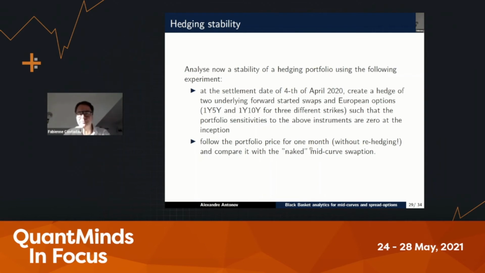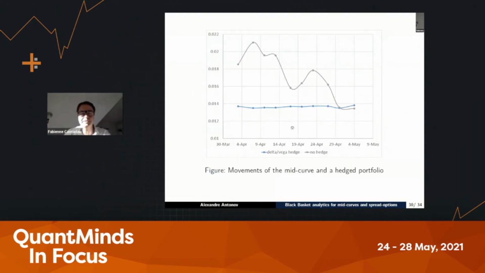We follow this portfolio for 1 month without, of course, re-hedging, just keeping the same, and compare with the naked mid-curve option. That's this no hedge. Of course, it's very noisy, and this hedging portfolio has very little movements.